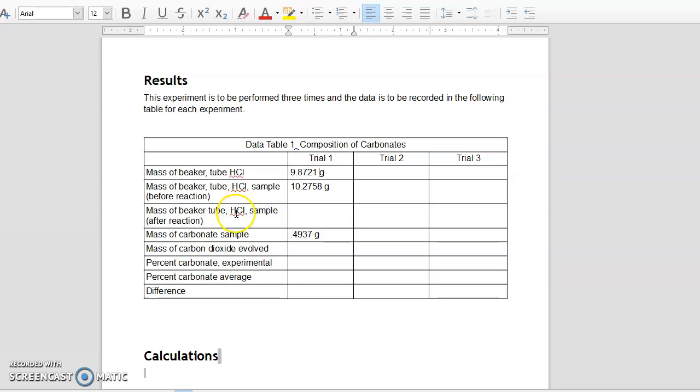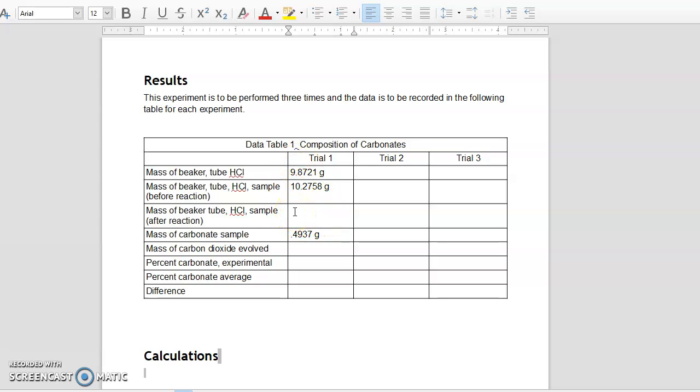Now what we're going to do is we're going to take that tube of HCl, we're going to add it to this beaker filled with that. Okay, we're going to put that tube back on there, but you now have a solution in the beaker, an empty test tube, and you've had a mass of gas coming off here.